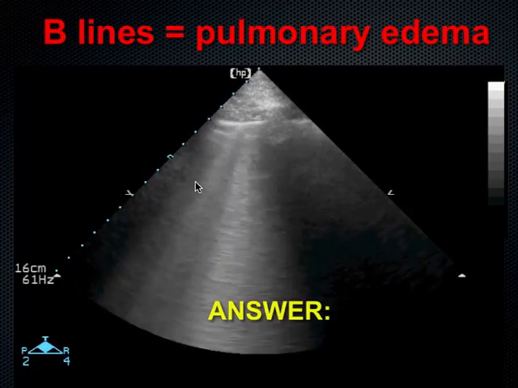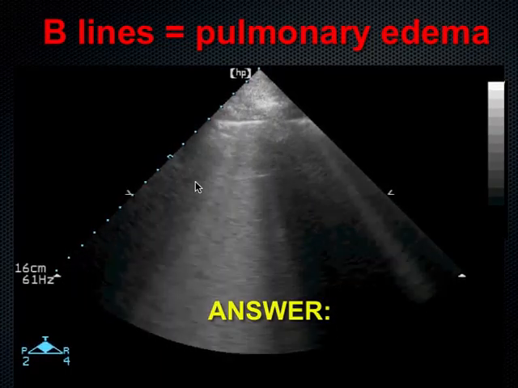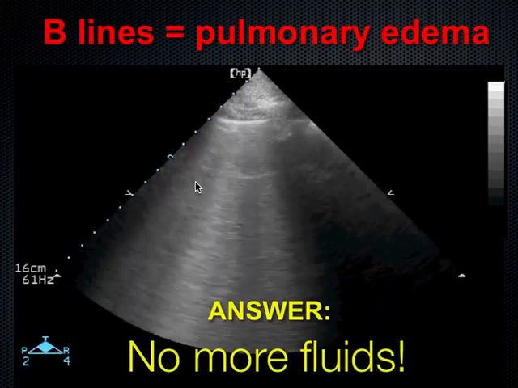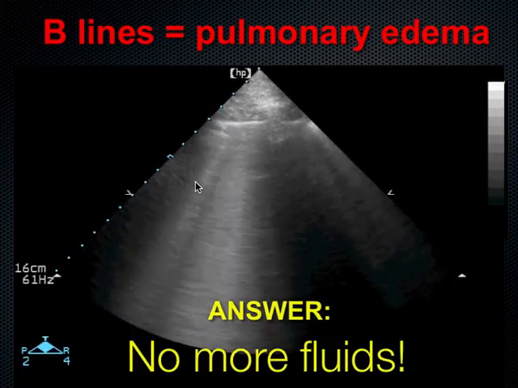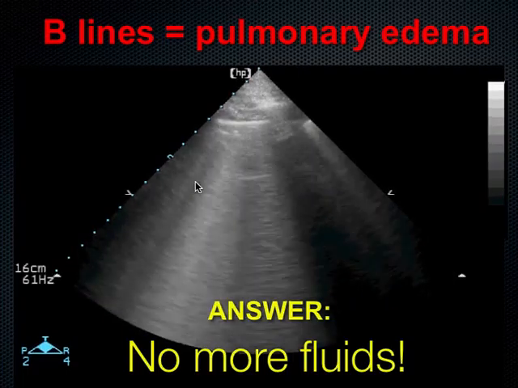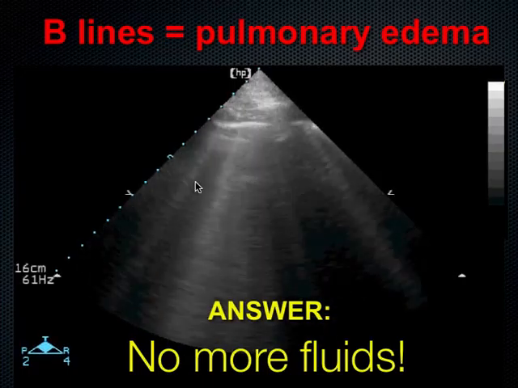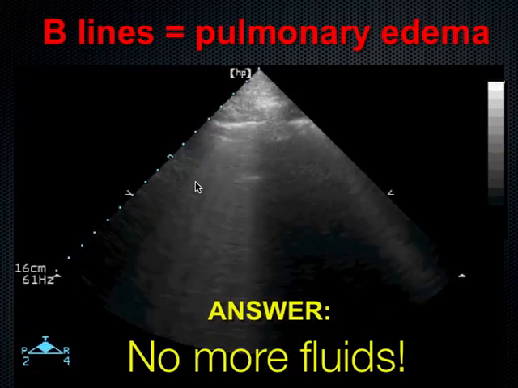So that's our answer, is that the main thing is not to give this patient any more fluids, because their heart cannot tolerate any more fluids. They can't keep up with it, and now the fluid is being put out to the lungs, which is why the patient is having so much respiratory distress.